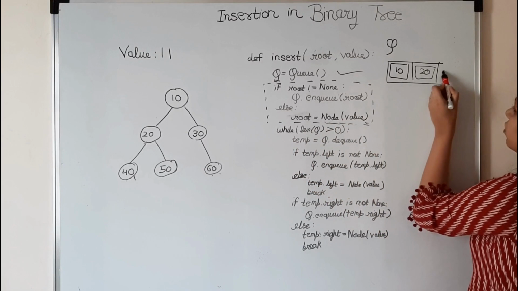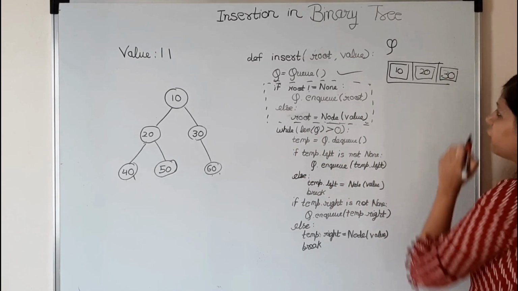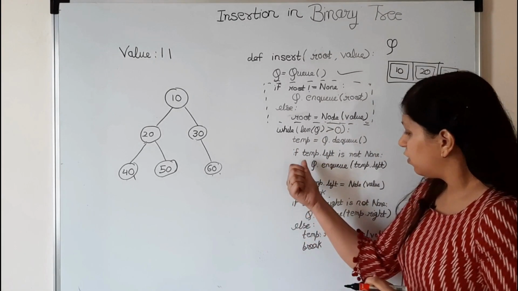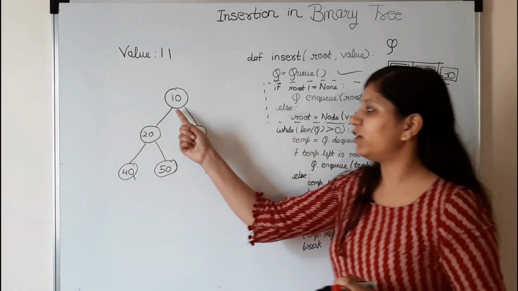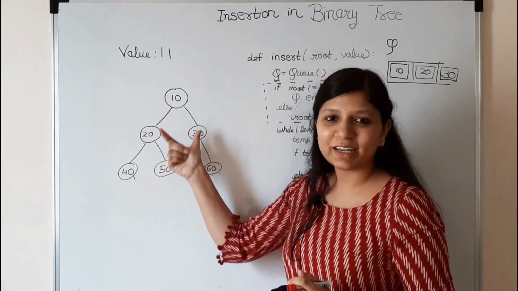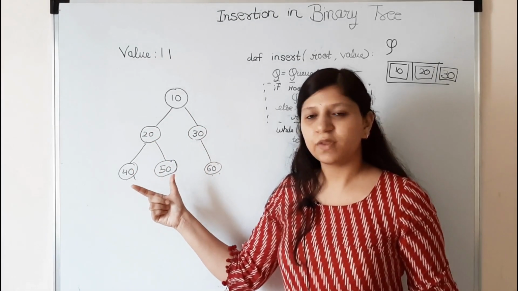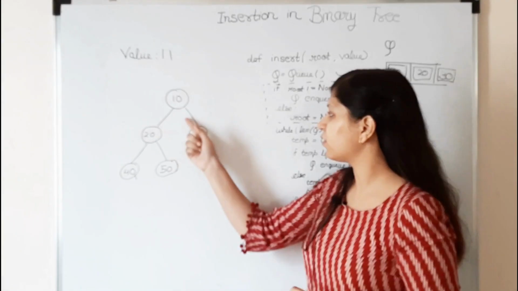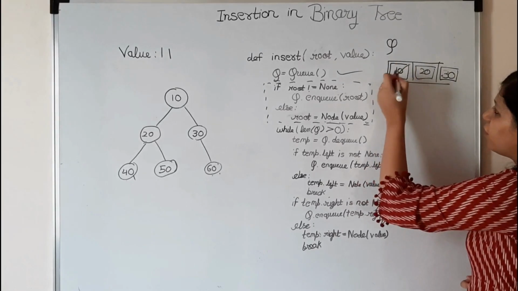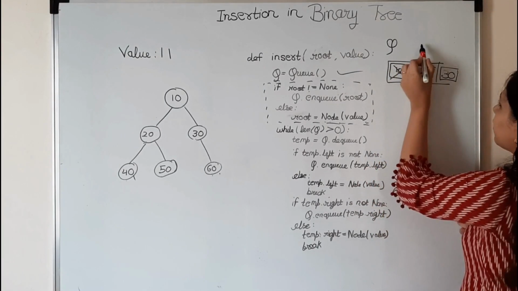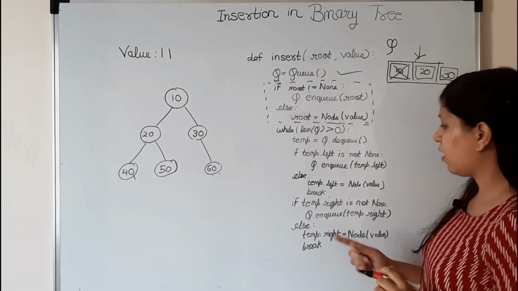Similarly, right is also not none, so we'll enqueue it. So that's how, since we didn't get any place to insert, as 20 and 30 have 2 children, we cannot insert it here. We inserted it, we also dequeued it, so now this is the front element.